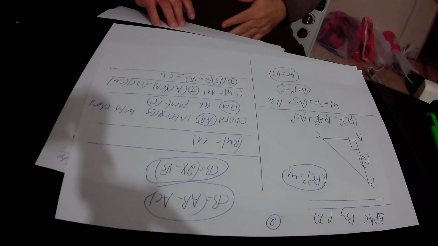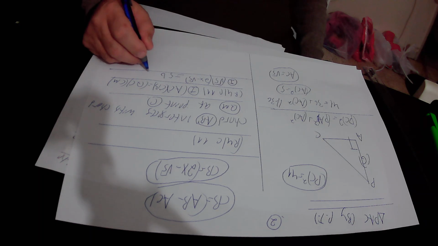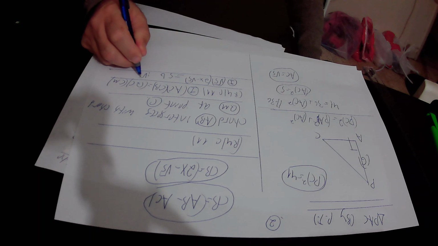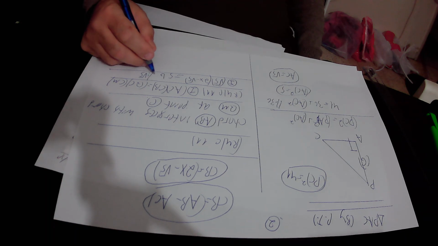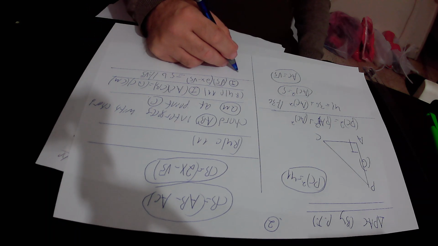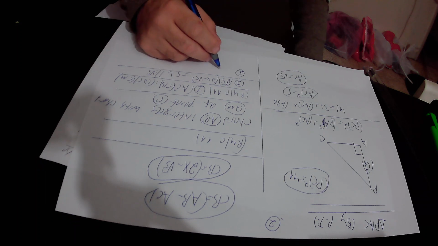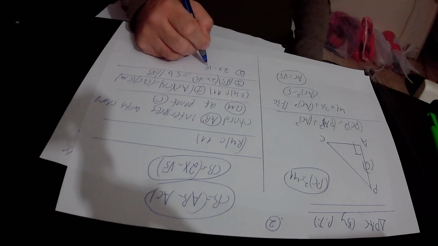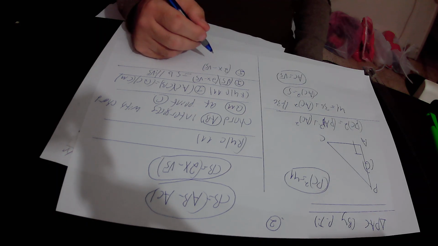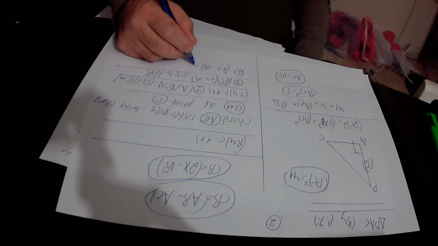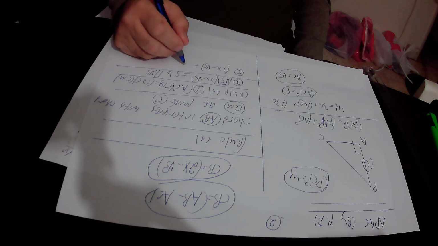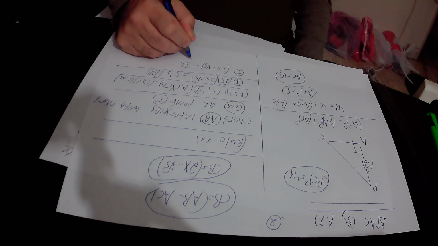Here we will divide this equation number 1 by square root of 5. And we get that according to equation number 1, 2x minus square root of 5 equals 5b over square root of 5.